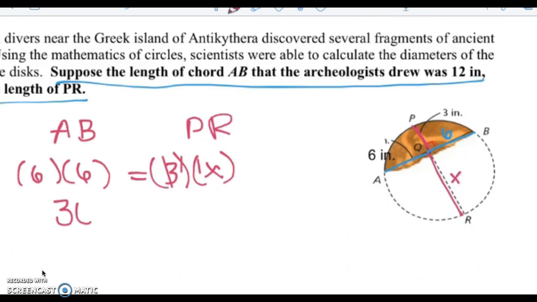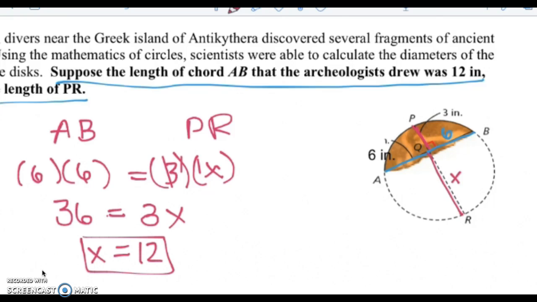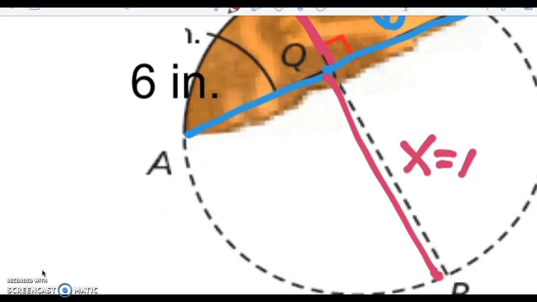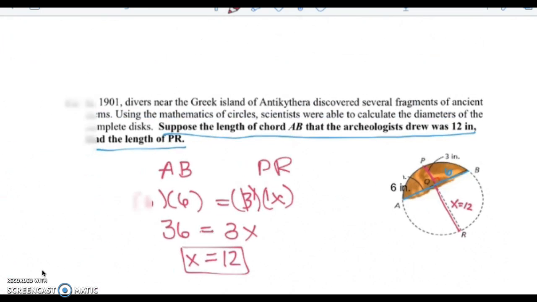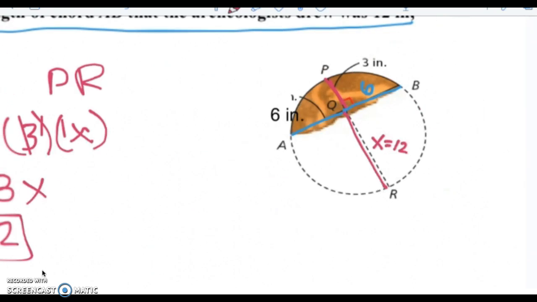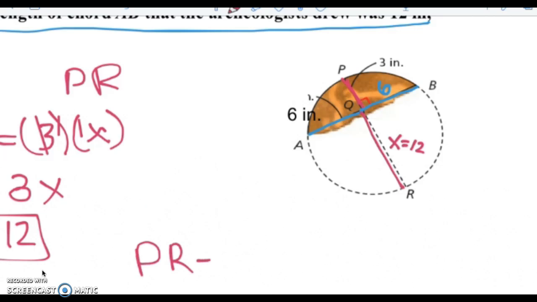So this is 36. This is 3x. And so x equals 12. So here I get that this part is 12. So what they wanted to know was what was the length of PR. So PR is 3 that we already knew plus that 12. So it was 15 inches.